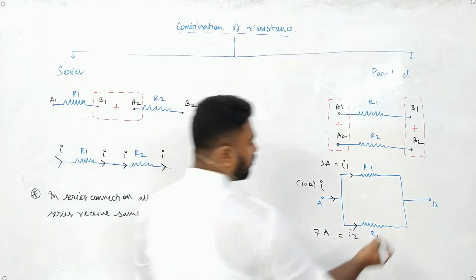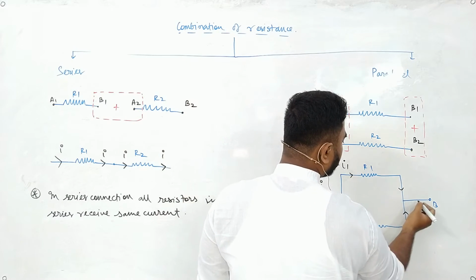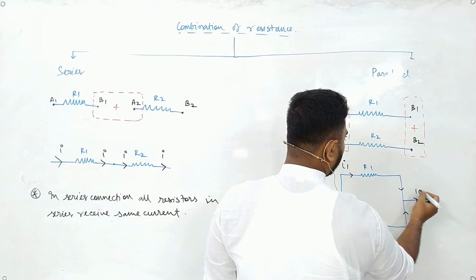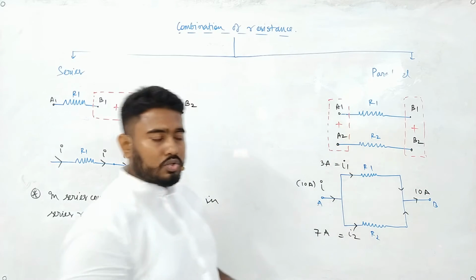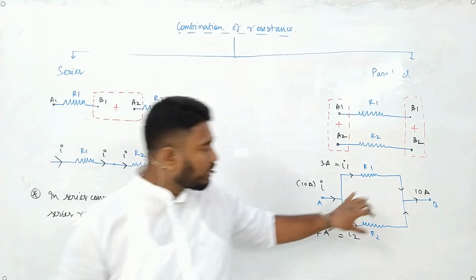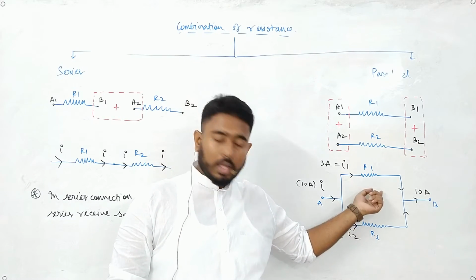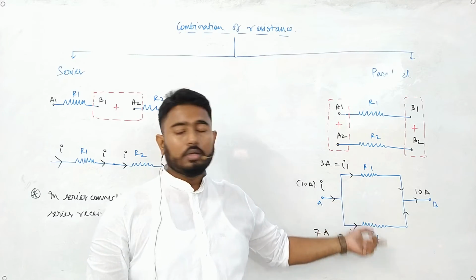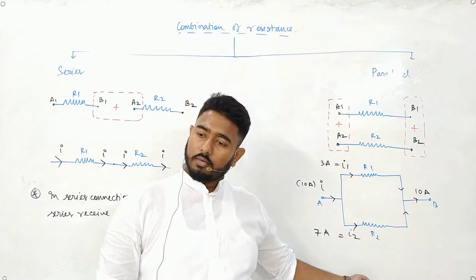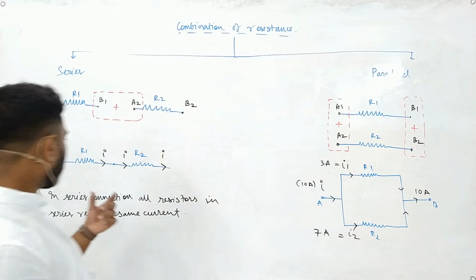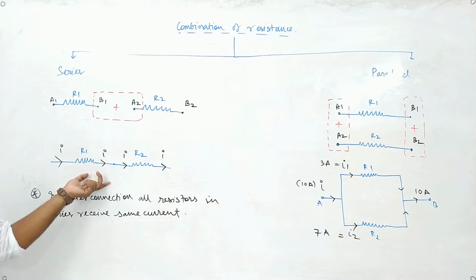Then after crossing this point, the currents will join again and form 10 ampere. So in parallel connection, the current may be different when different resistors are used. But in case of series connection, the same current will pass through.